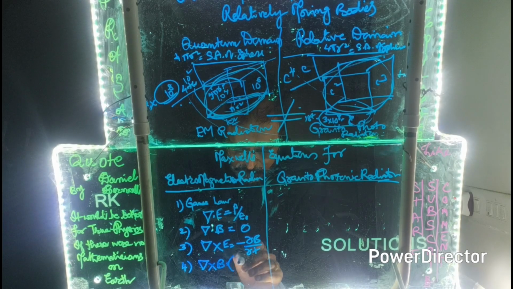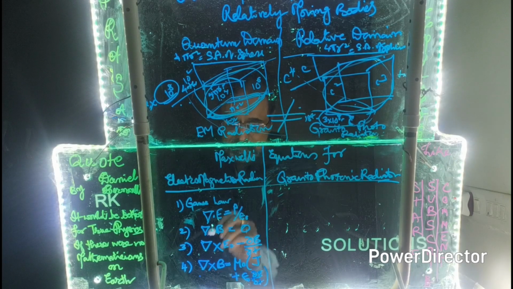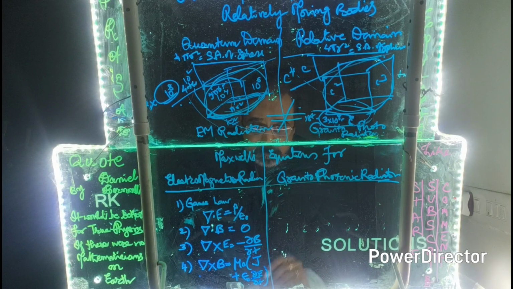That was given by mu naught into J, current density, plus epsilon naught into partial E by partial t, right? This was the fourth equation.